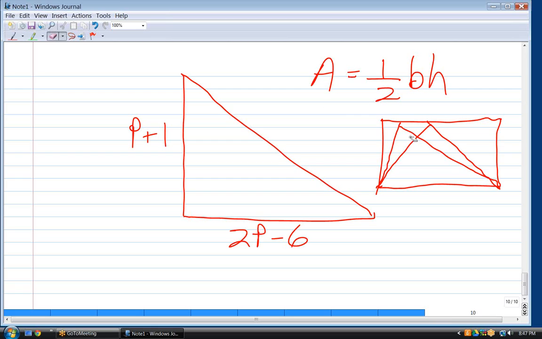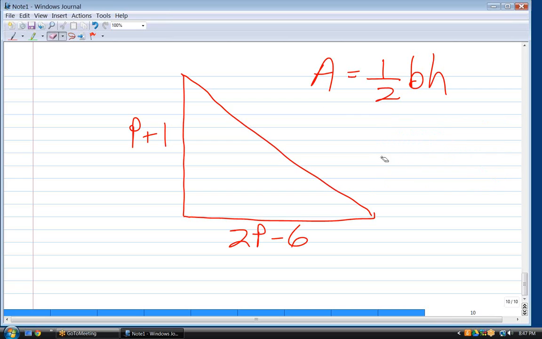So triangles are half of the area of a rectangle, and this is probably the most important formula in geometry. Now, you haven't had geometry yet, but have you learned the area of a triangle?